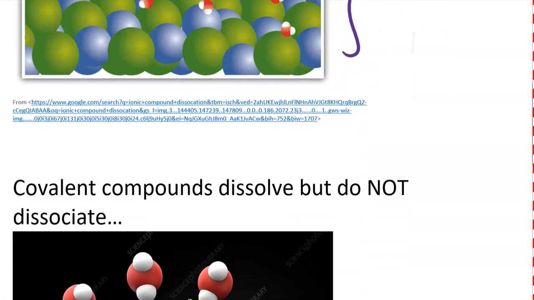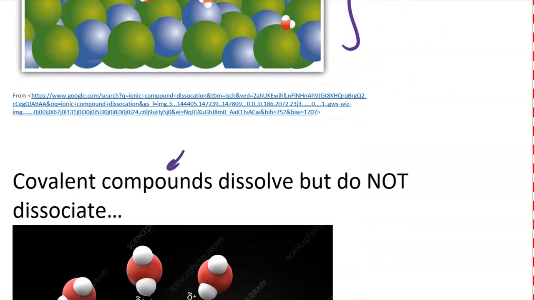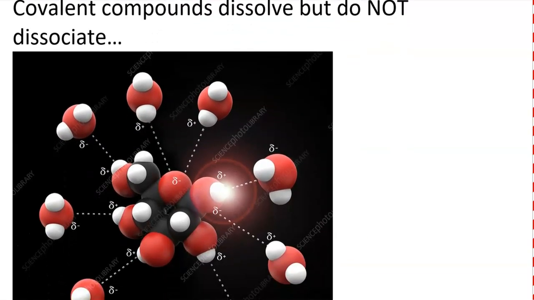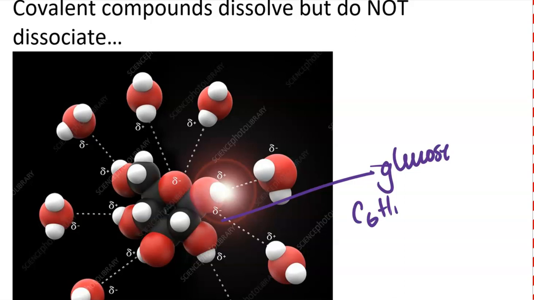Okay, but covalent compounds basically are comprised completely of nonmetals. And so basically what we have here, this is actually a model for glucose, which if you recall has the formula C6H12O6.